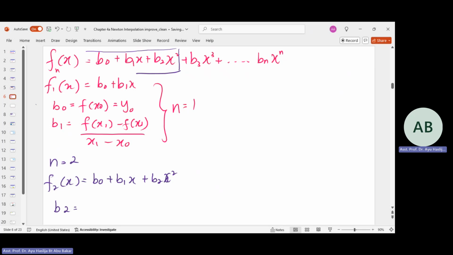Now for b2, if n equals 2, how many data points should you have? 3, right? n equals 2, you should have 3 data points.